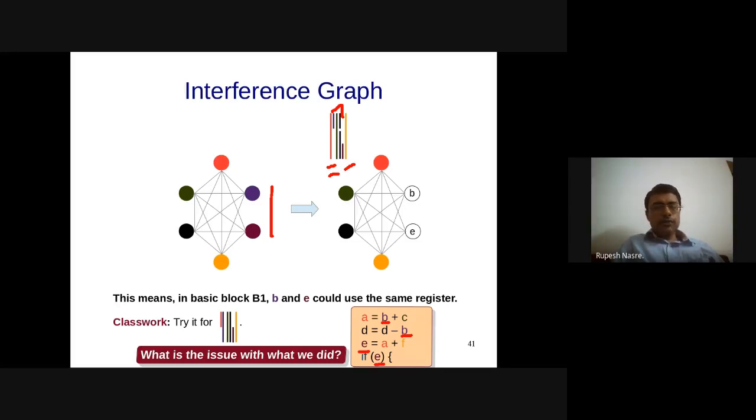We just said that from the program, these are the number of registers that are required. In this case, we are saying that 5 registers are required because there are 5 colors. But we are talking about code generation. The architecture might not have 5 registers. If your graph requires 50 colors, that doesn't mean that the architecture has 50 registers. So that we need to take care of.